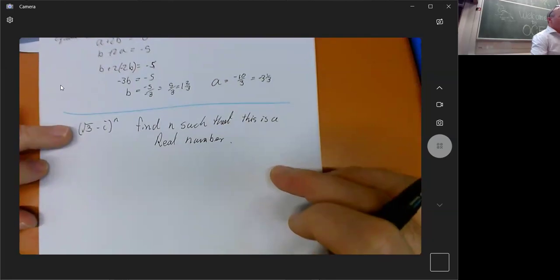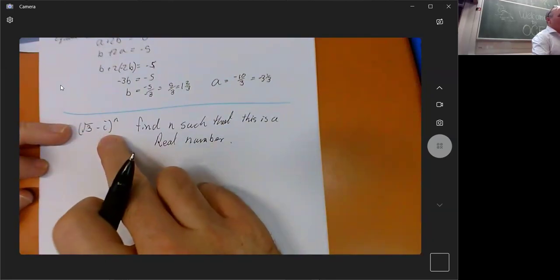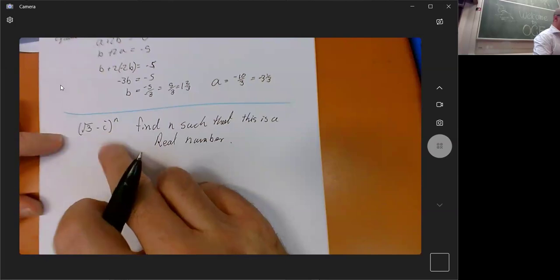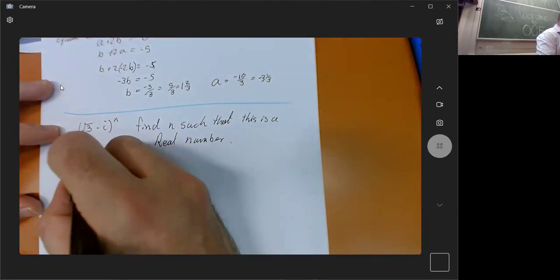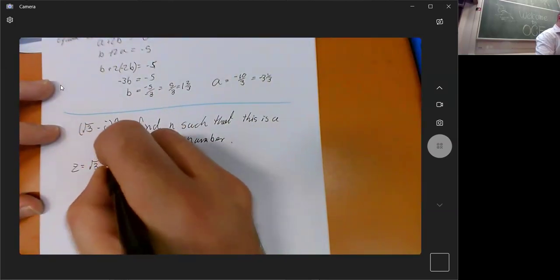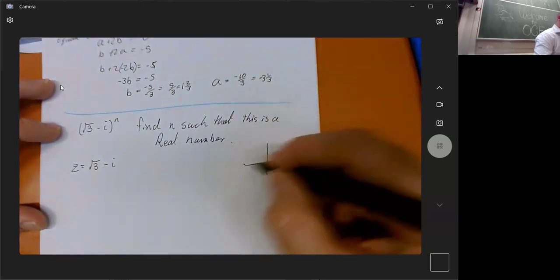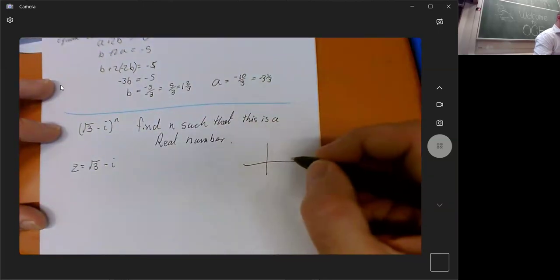First thing is I'm going to convert this to polar form. So if I take z, which is equal to root 3 - i.